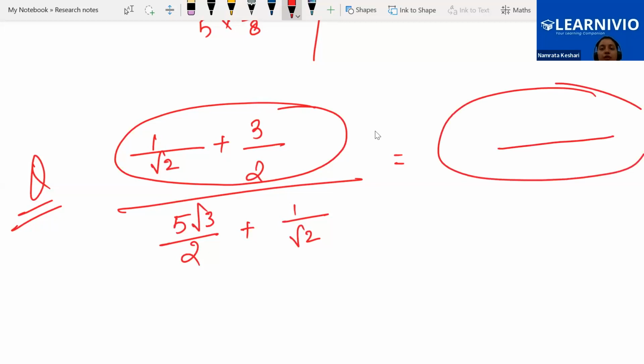LCM is 1 by root 2 plus 3 by 2. If we try finding the LCM now, 2 means, do you understand? 2 means root 2 into root 2.